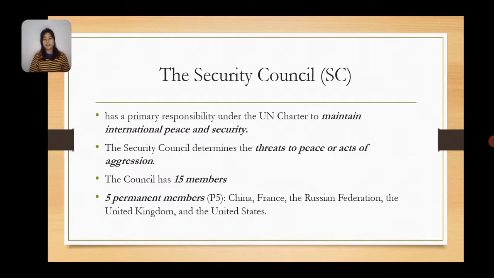The Council has 15 members, including the 5 permanent members or P5, which are China, France, the Russian Federation, the United Kingdom, and the United States. They are permanent members since the UN's founding and are irreplaceable. The P5 holds great power since it only takes one veto vote from a P5 member to stop a resolution.